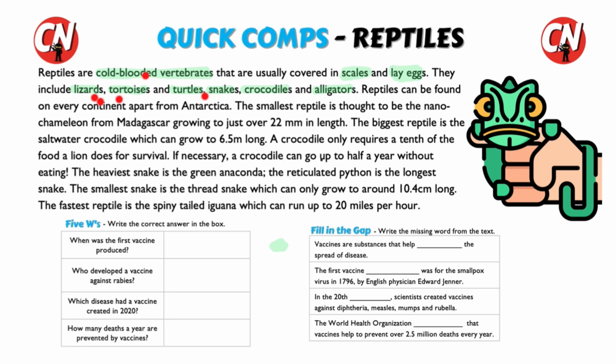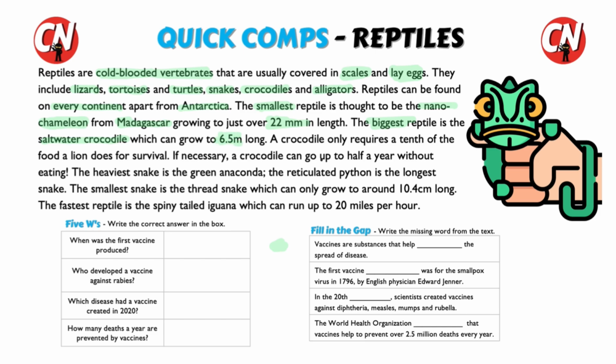Let's keep on highlighting. Reptiles can be found on every continent apart from Antarctica. The smallest reptile, again comparative, smallest, that's an adjective, is thought to be the nano chameleon from Madagascar, a name, growing up to just over 22 millimeters in length. The biggest reptile, comparative, is the saltwater crocodile, which can grow to 6.5 meters long.